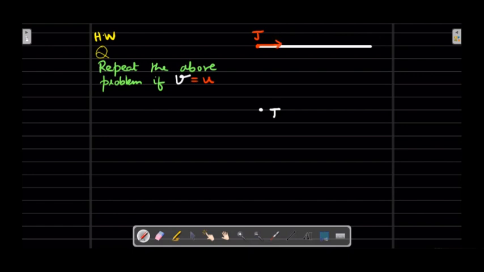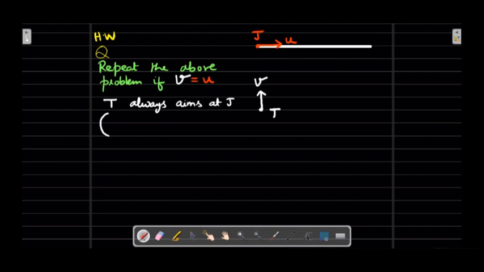So u is this velocity and v always aims at u. So magnitude wise, it seems they are the same. So you should say T always aims at J. How do you write it in a vector equation form?